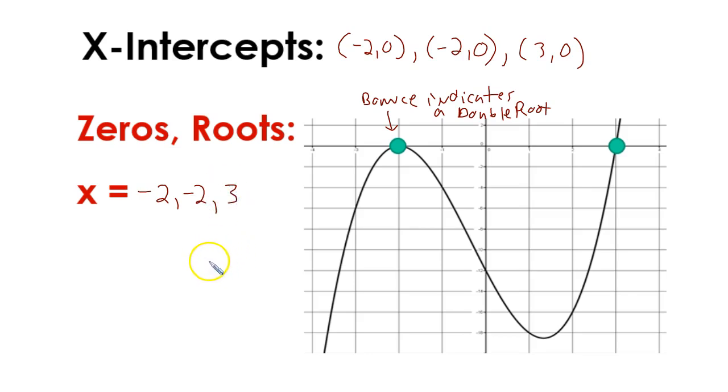Now, technically speaking, could you just write -2, 3 and be right? Yes, but when we begin to solve polynomial functions in the next unit or 2, we really want to pay attention and know where there's a double root and what it looks like on the graph. So I want you to get used to anytime you see that bounce off of the x-axis, that means there's 2 roots that are the same, and list them both out.